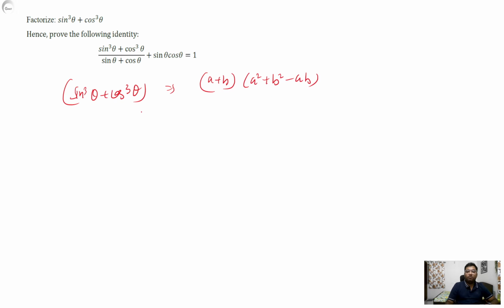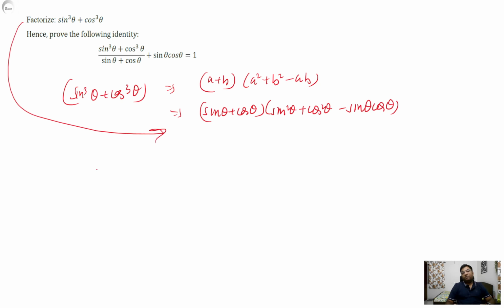We have seen that before, haven't we? Yeah, guess what? In the last video that we had done. So sine cube plus cos cube is sine theta plus cos theta, and then we have sine square theta plus cos square theta minus sine theta cos theta, right? So when they say factorize, this is your factorization.